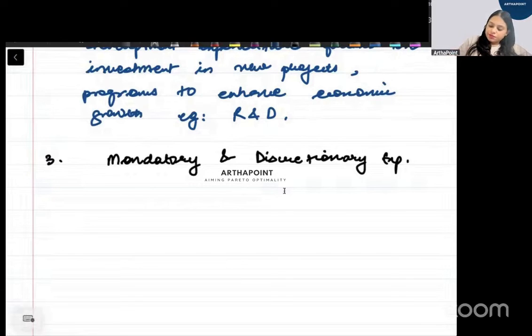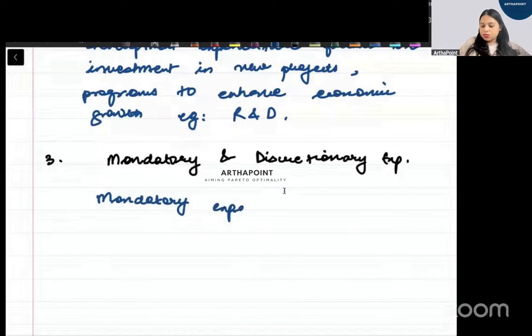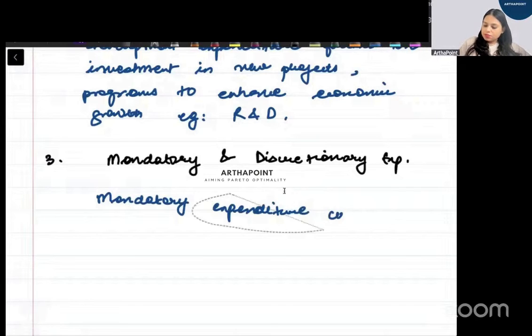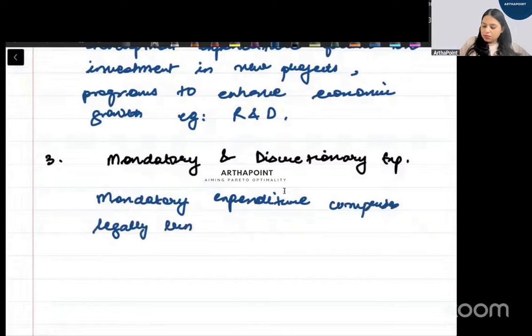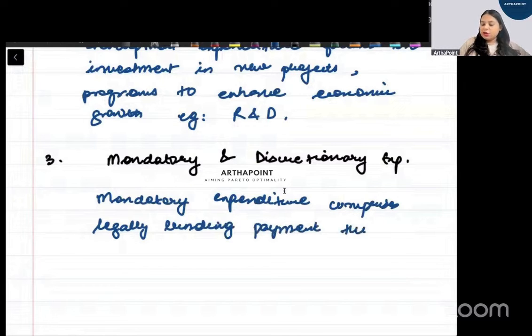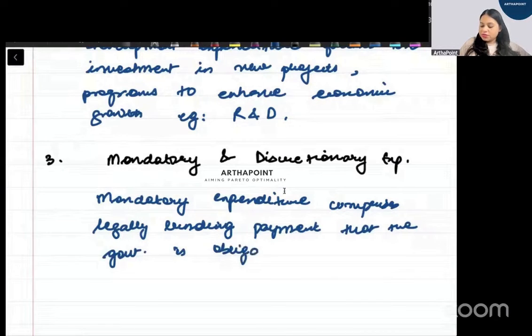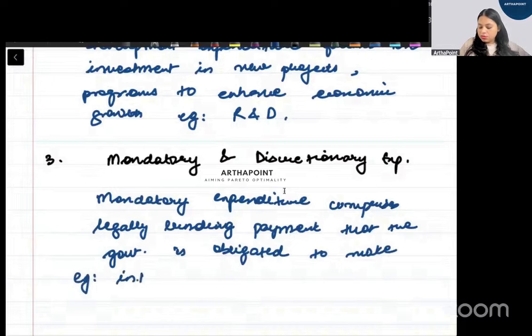So please write down. Mandatory expenditure comprises legally binding payments that the government is obligated to make. Example, interest payment on debt.